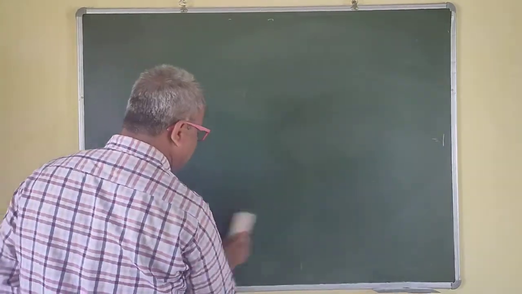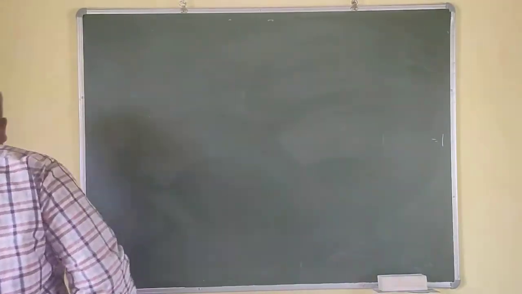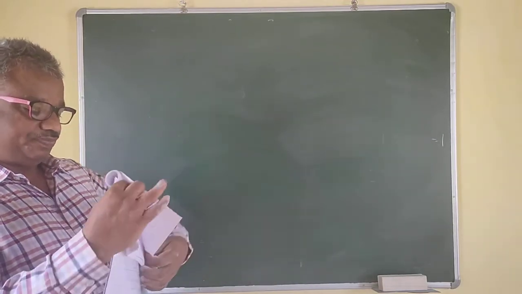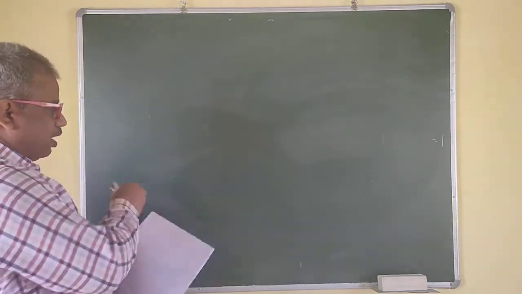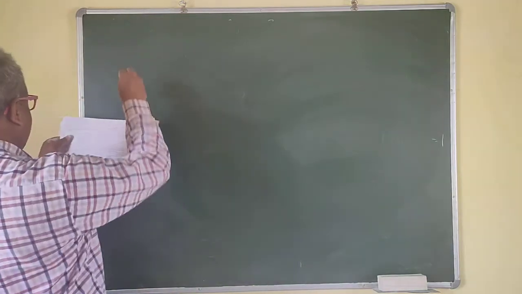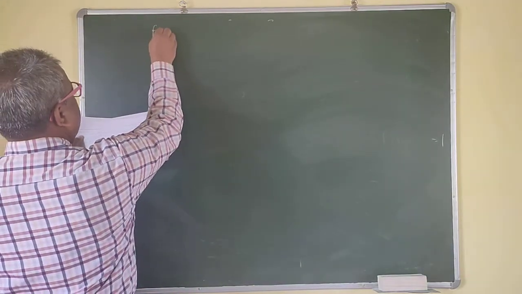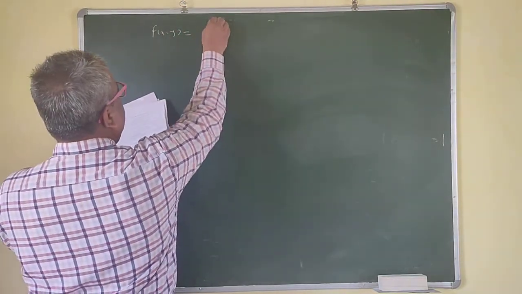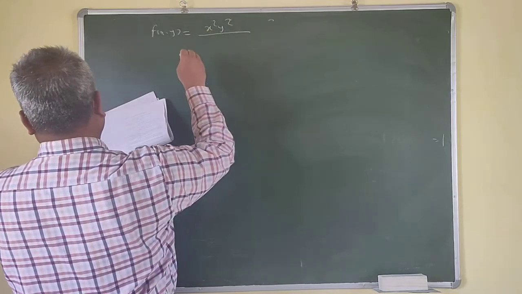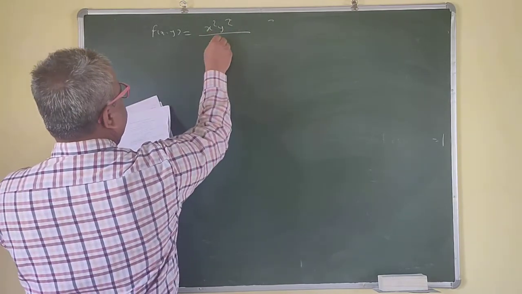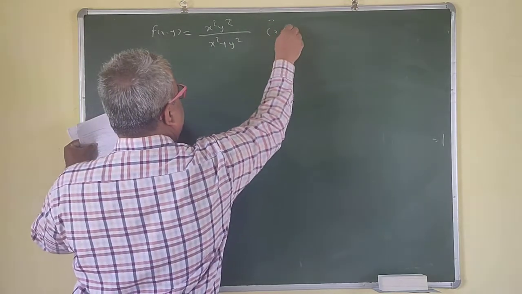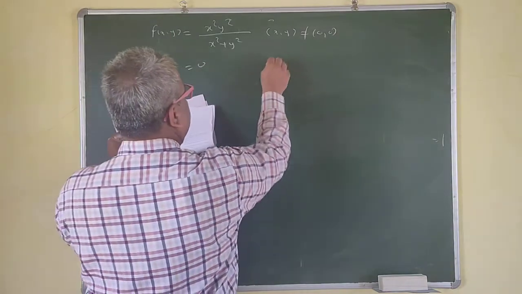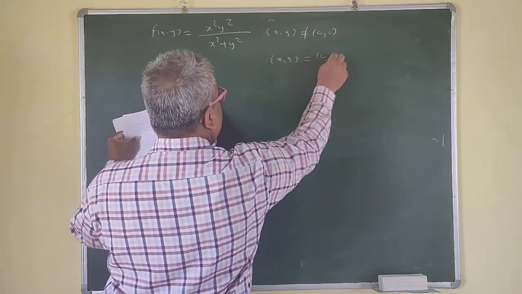Okay? So we'll take another problem, so that you will understand the definitions, how to apply that definition. So next problem: f(x,y) is equal to x square y square upon x square plus y square, (x,y) not equal to (0,0), and is equal to 0 when (x,y) is equal to (0,0).